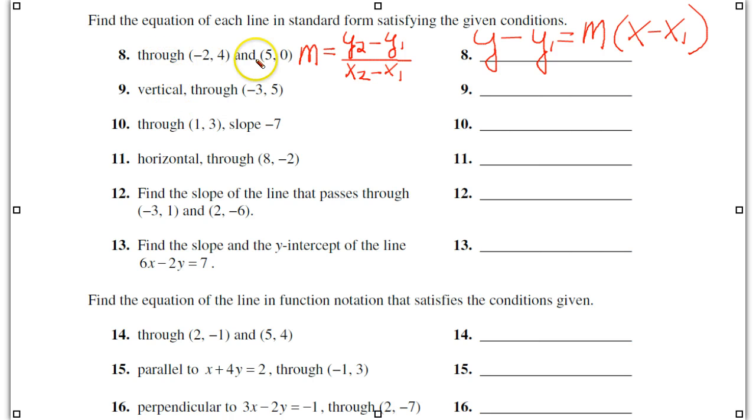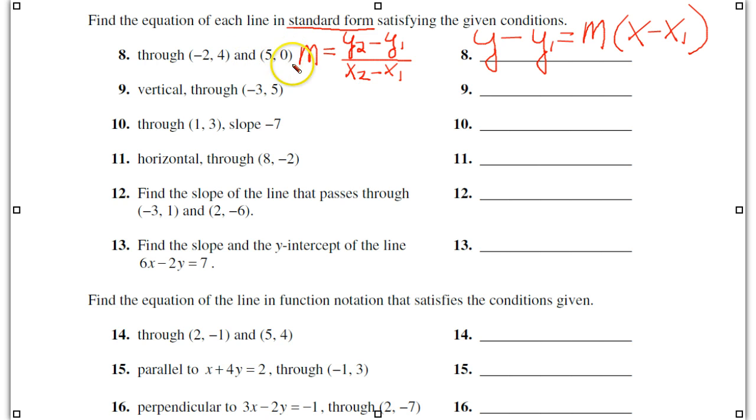So for number 8, we need these two formulas, the slope formula and the point slope form, because we are to get these 2 points, find the slope, then use one of the points, probably this one, to put it in slope-intercept form, and then eventually in standard form. So this one's sort of a challenge. Let's do the slope.